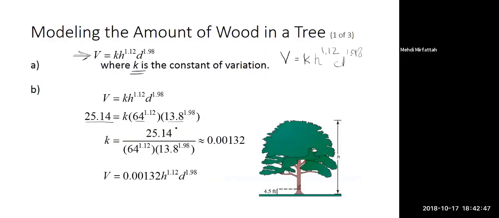I just plug it in here and solve for K. Once I find K, now I've got my formula with the constant K. So now I can solve this for any other conditions. If somebody gives me the values of H and D, I can solve for V. If somebody gives me the value of V or H, I can solve for D, and so on.